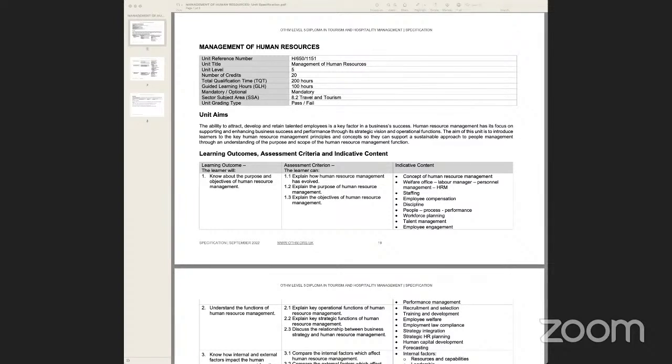So what I'm going to do is look at starting with a bit of an introduction to HR and discuss why HRM is important, and what is the history of human resource management in general.